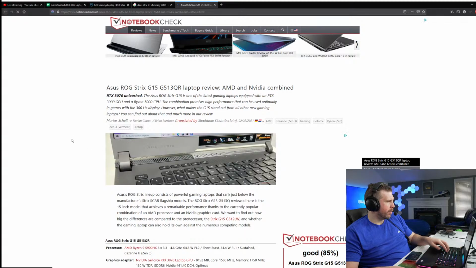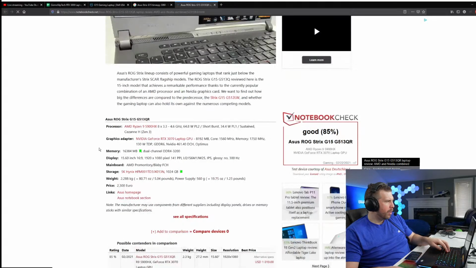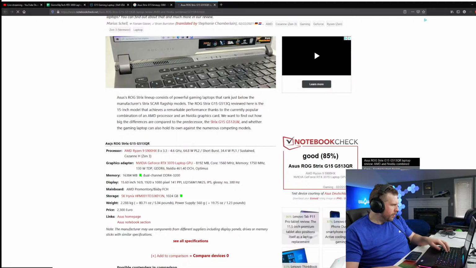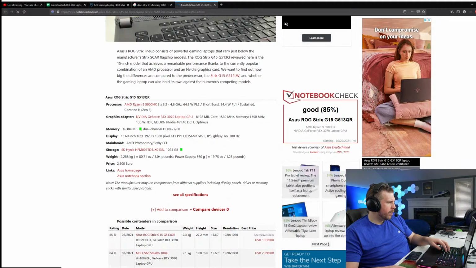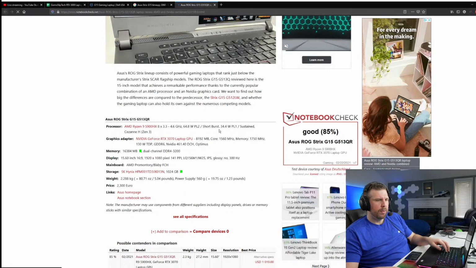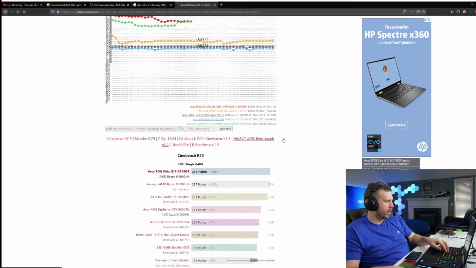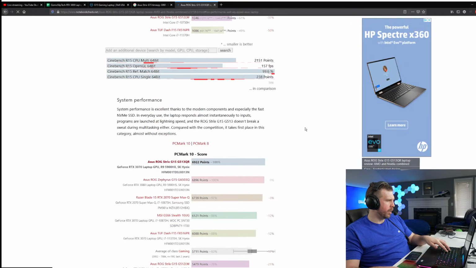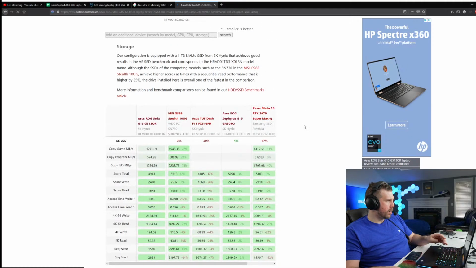Probably a lot of 3070 versions of this laptop went out, and I realized we needed 3060. Ryzen 9 5900HX and a 3070. Strix G15, yeah, exactly. The laptop I'm using right now is the Scar 15 right here with a Ryzen 9 5900HX and an RTX 3080.